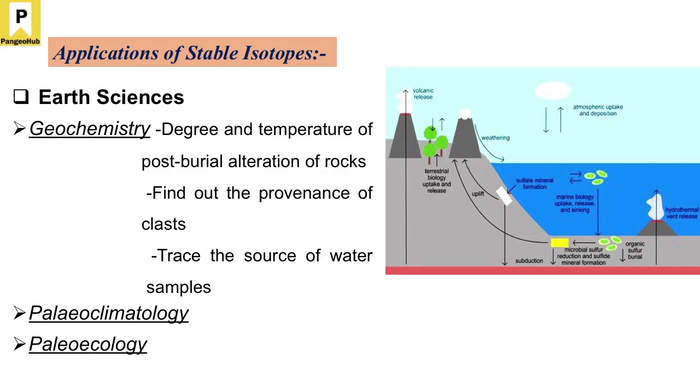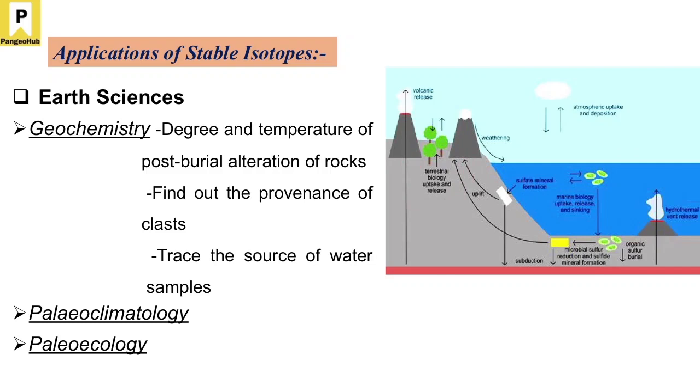Here in this diagram, we can also see that volcanic degassing releases so much sulfur, oxygen, and hydrogen to the atmosphere, which mixes with the atmospheric gases and changes their values somewhat. Then there are terrestrial biological systems which take up and release some elements.